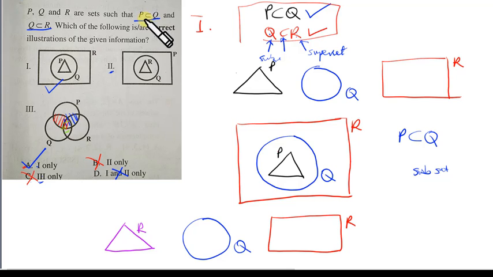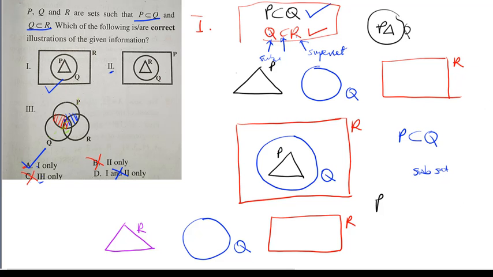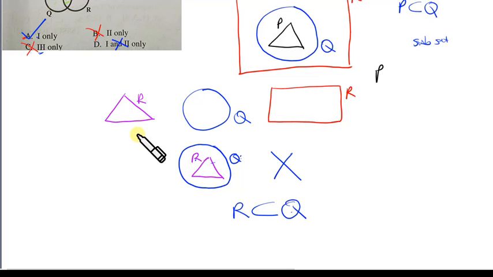So there is nothing like one being a subset of the other. So P is a subset of Q. For this P and Q, it is not true, because for P to be a subset of Q, it means the entirety of P must be within the Q. So the whole of the P should be within the Q. Even if P is, say, let's use a circle, of course there is a three set problem.